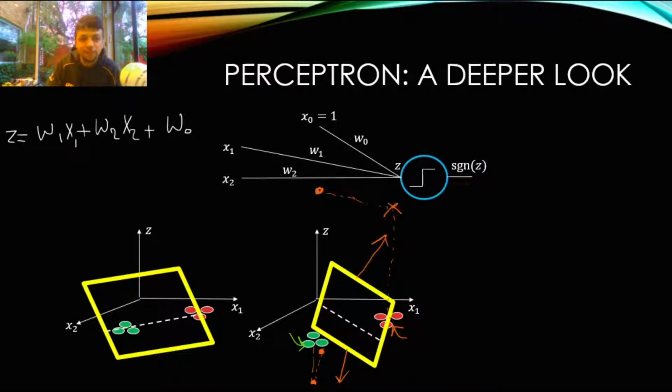If you continue your z-axis down, it will cut somewhere, which would be a negative value, right? So this is the same story that we had with the line in the previous slide. We have this plane that goes to positive infinity and negative infinity.